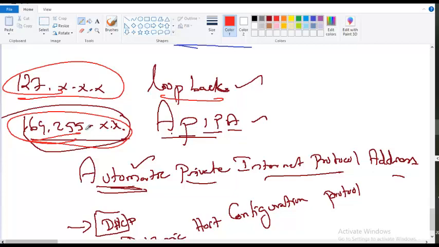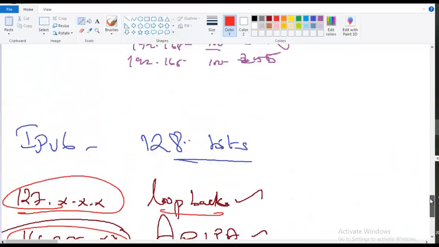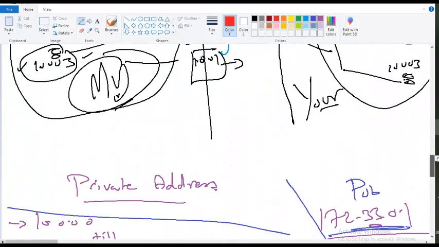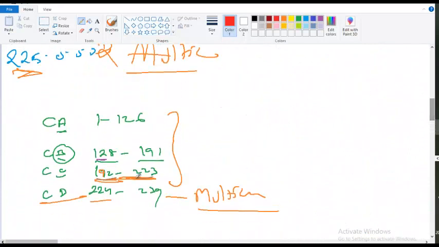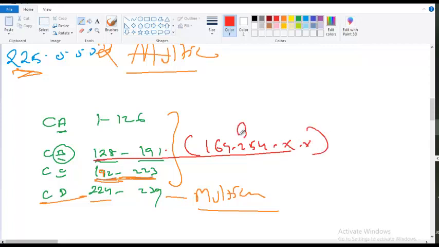Even though I said in the early session that Class B is 128 to 191, in that, 169.254 is an exception. It is the APIPA address. So 169.254 is not a valid range of addresses. It is given for APIPA.